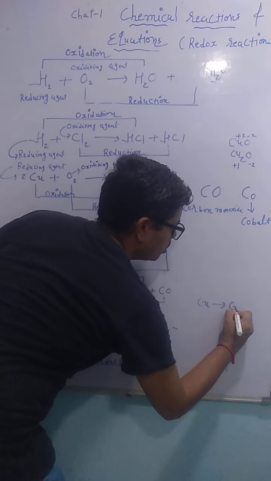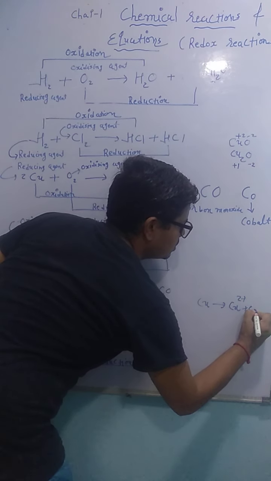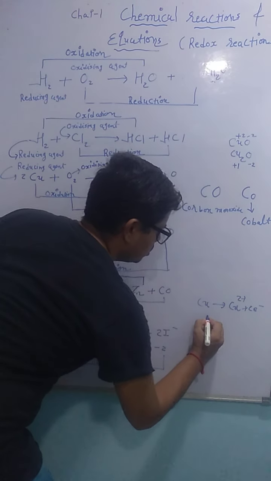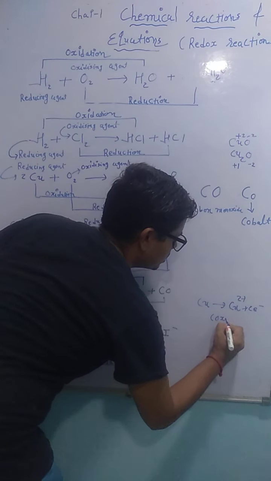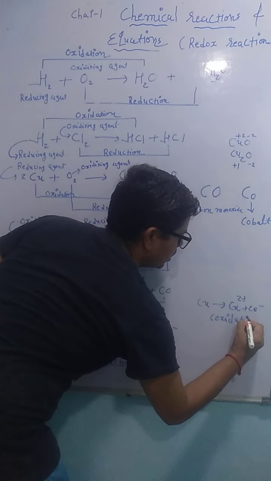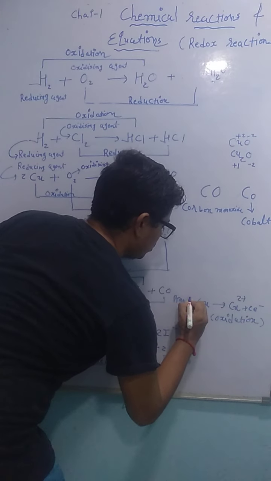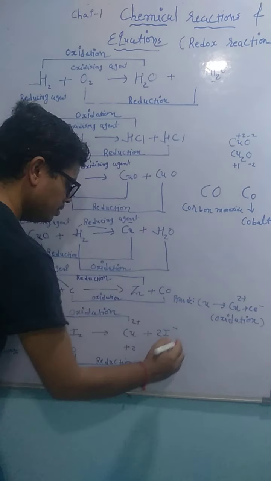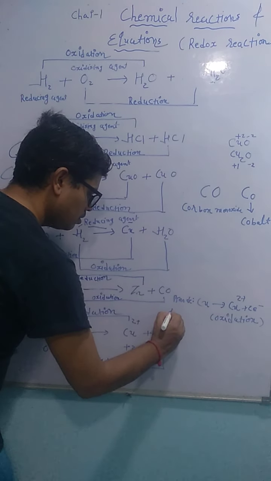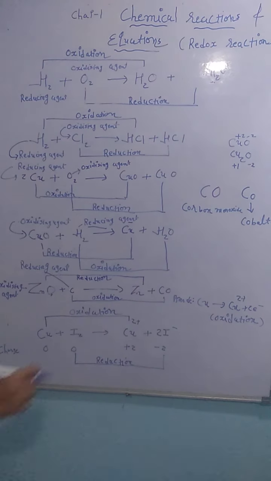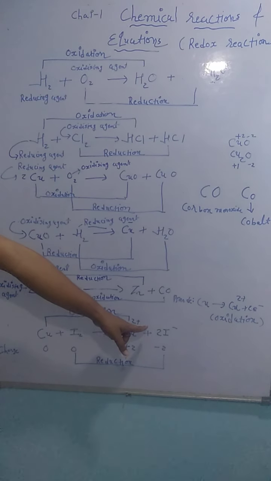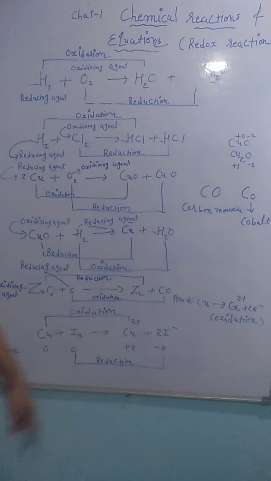This reaction is called an oxidation reaction, and it always occurs at the anode. Second, iodine I2 has 0 charge, but after some time it gets a minus charge, meaning electrons are added.